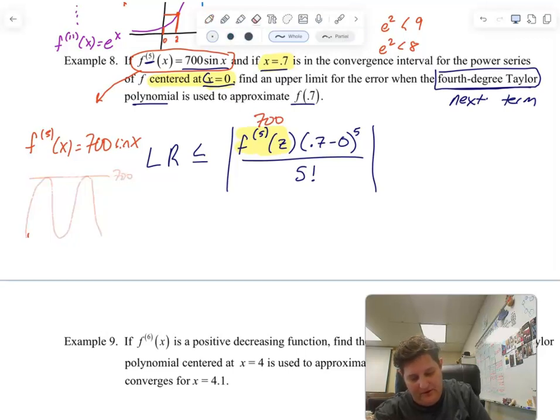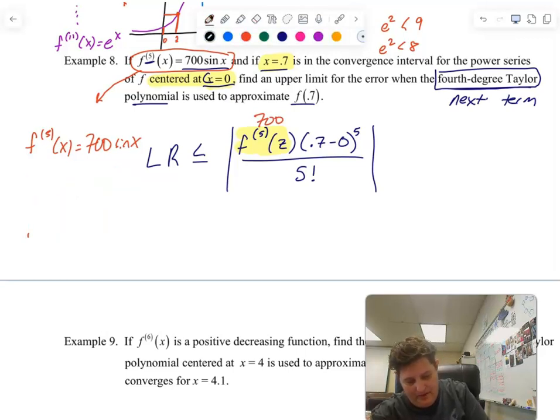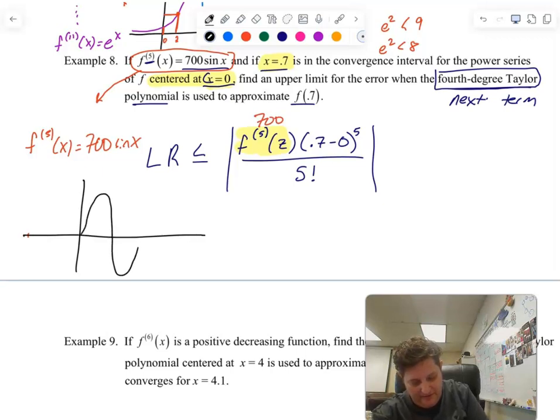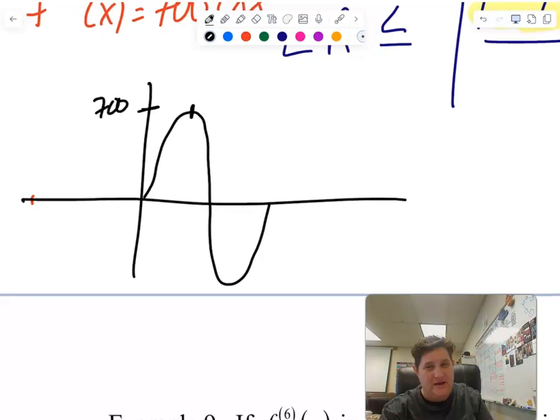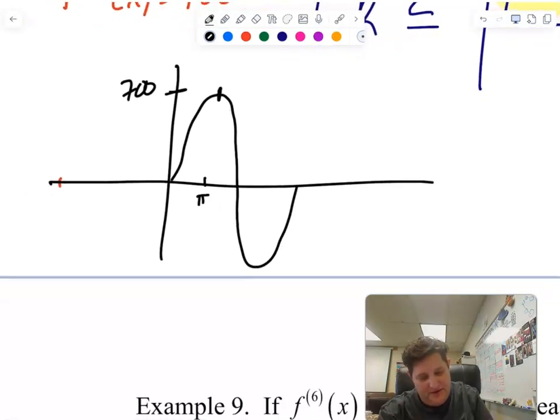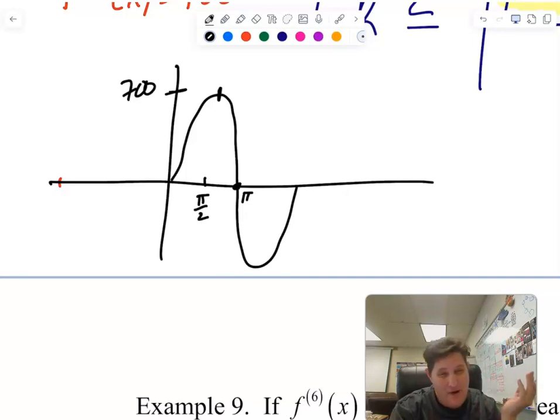Now let's think about the graph real quick here. You guys should know sine starts at 0, and so this is like 700. Now where does sine hit its peak? Sine actually hits its peak at pi over 2, and then it comes back here at pi. And you should know approximate pi over 2.